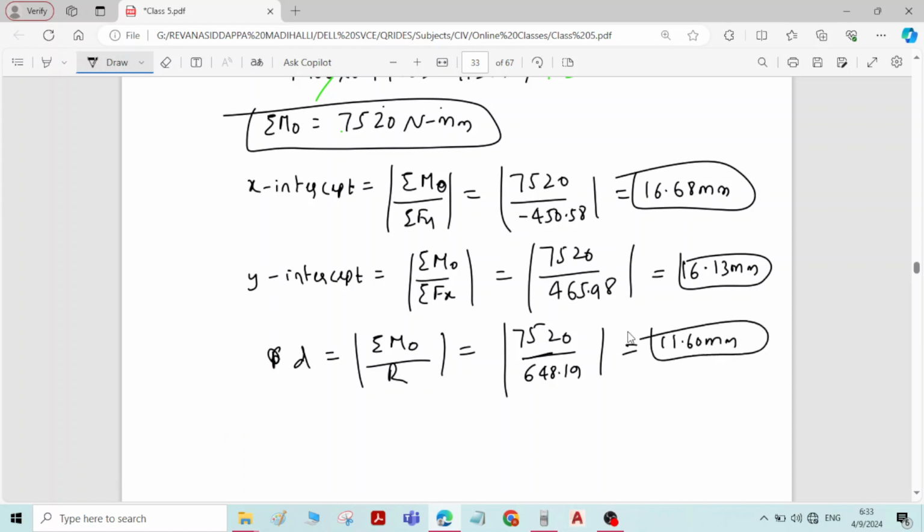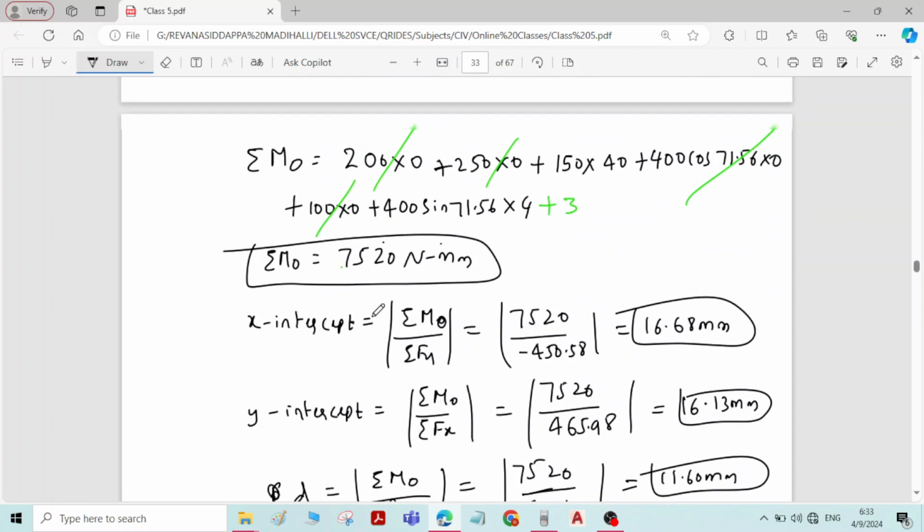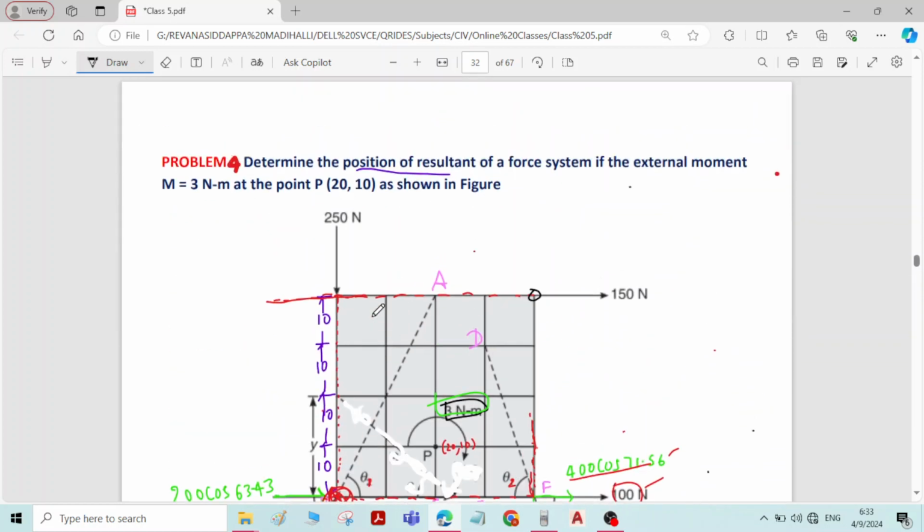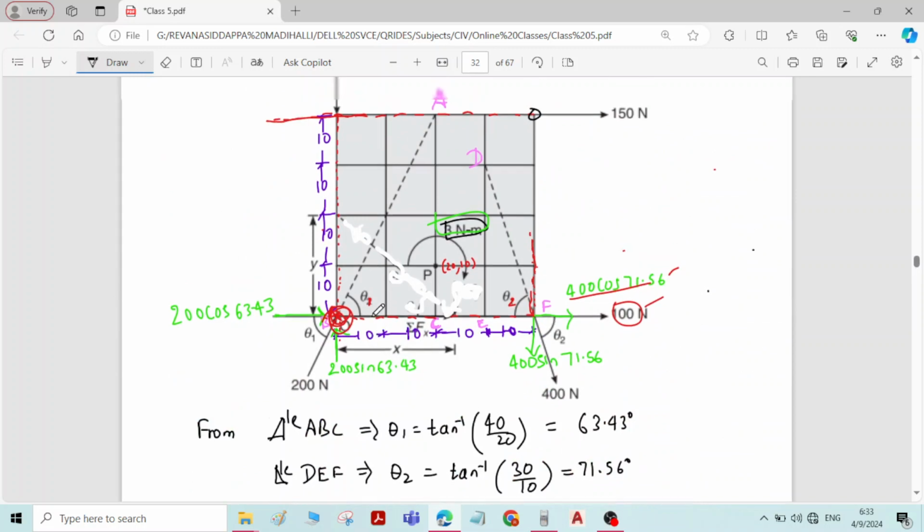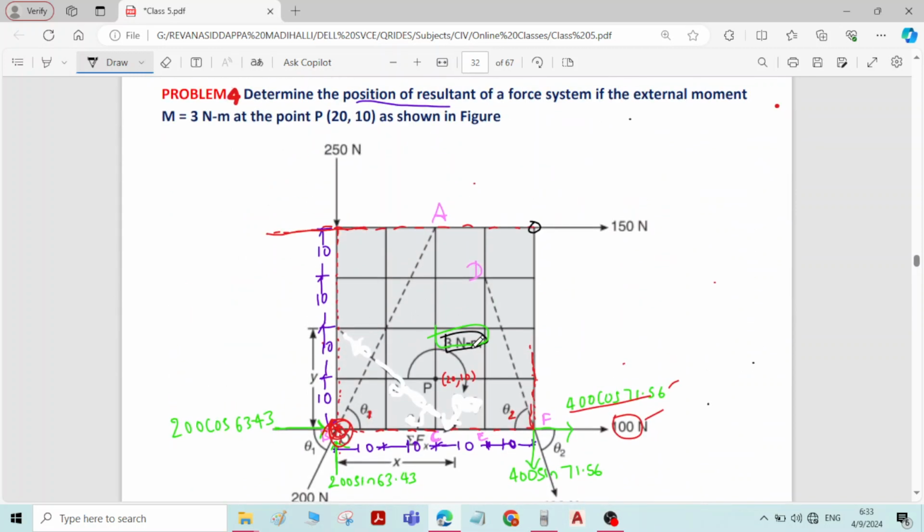With this, we have determined the position of the resultant force. So the solution of this particular problem is over. Thank you.